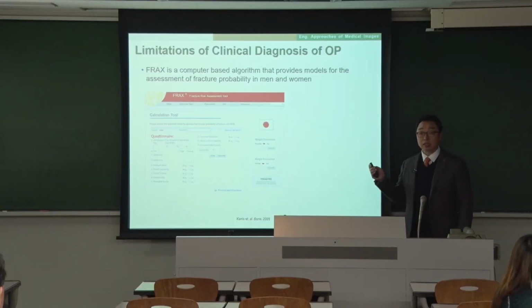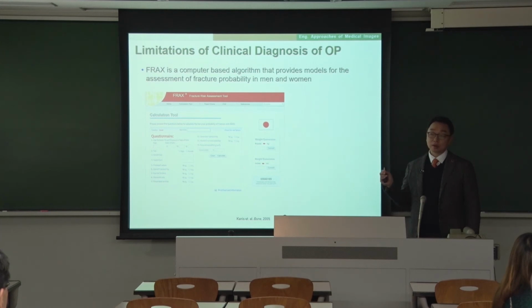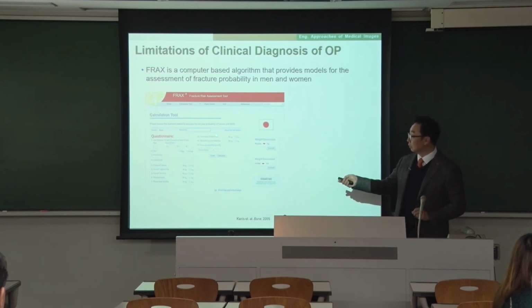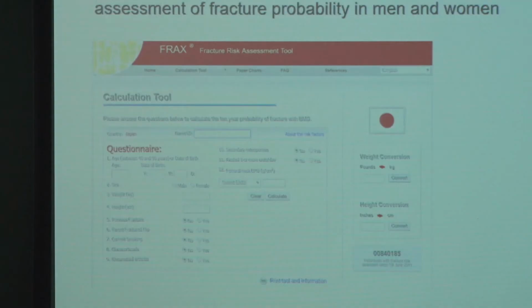It's good in the sense that the WHO recognized the importance of predicting osteoporotic fracture. But at the same time, how can a simple software predict individual fracture risk based on these simple 12 questions, including body weight, your age, and just a simple BMI or bone mineral density value?